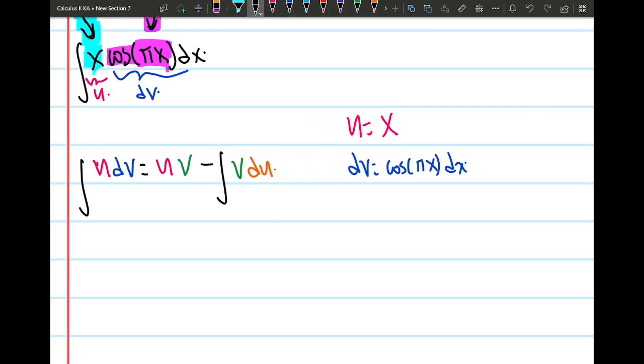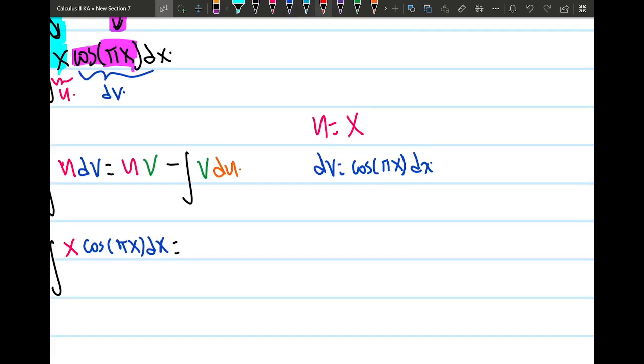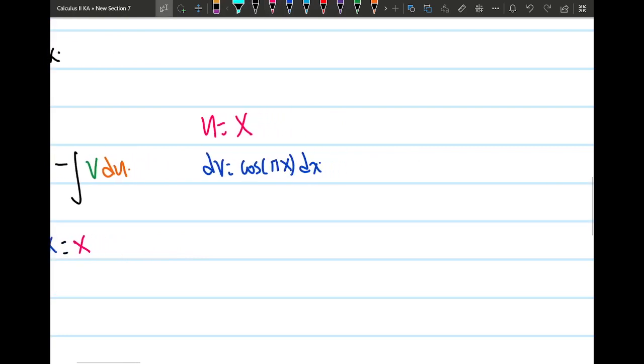So far I have the integral of x cosine of pi x dx, and this is going to equal uv, so I'm going to do u first, so I have x, but I need to find v. And also, I need to find du. I have u right here. U is x. I need to find du.